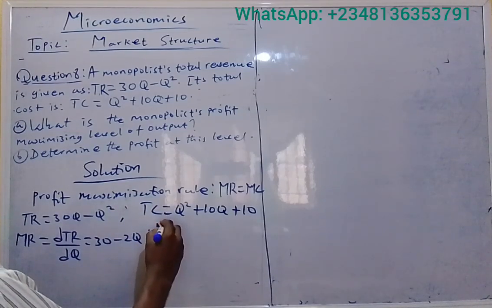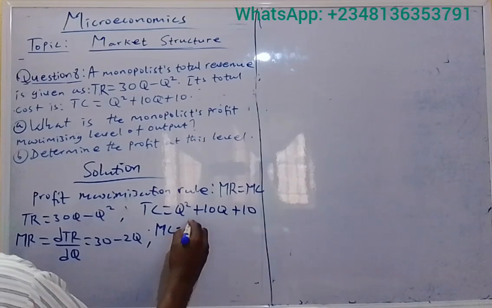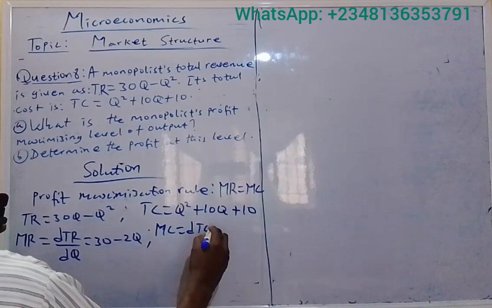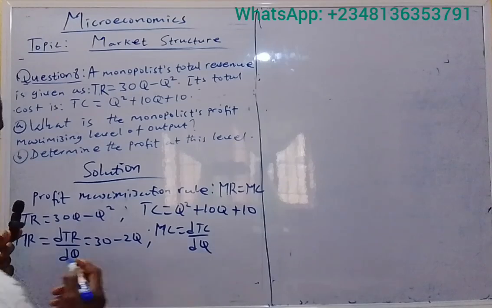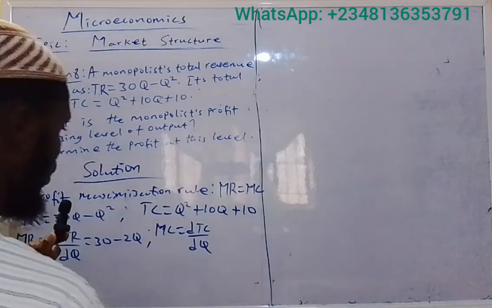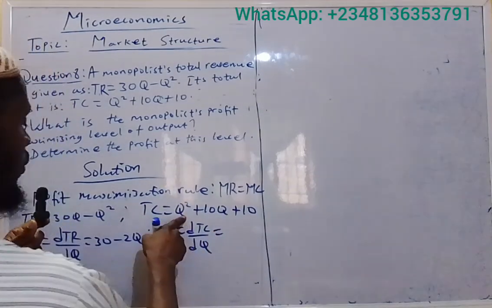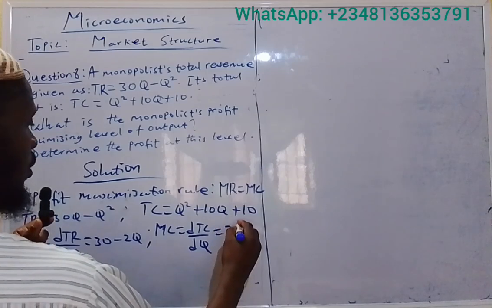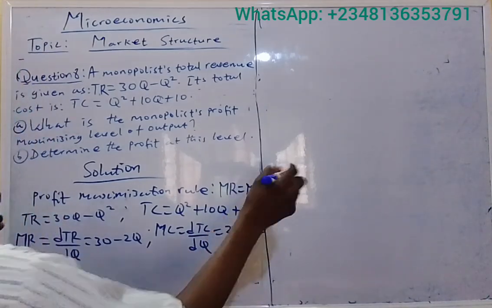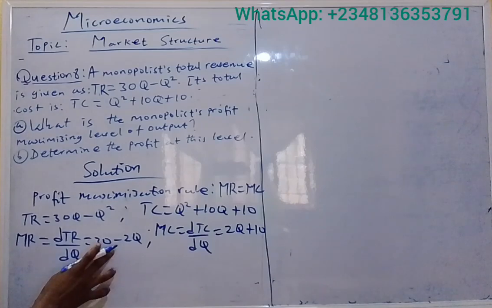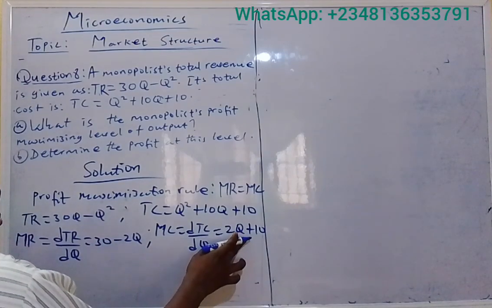So marginal cost is equal to dTC over dQ. When we differentiate this, we have 2Q plus 10. This is a constant, we ignore it. So this is our marginal revenue, and this is our marginal cost.